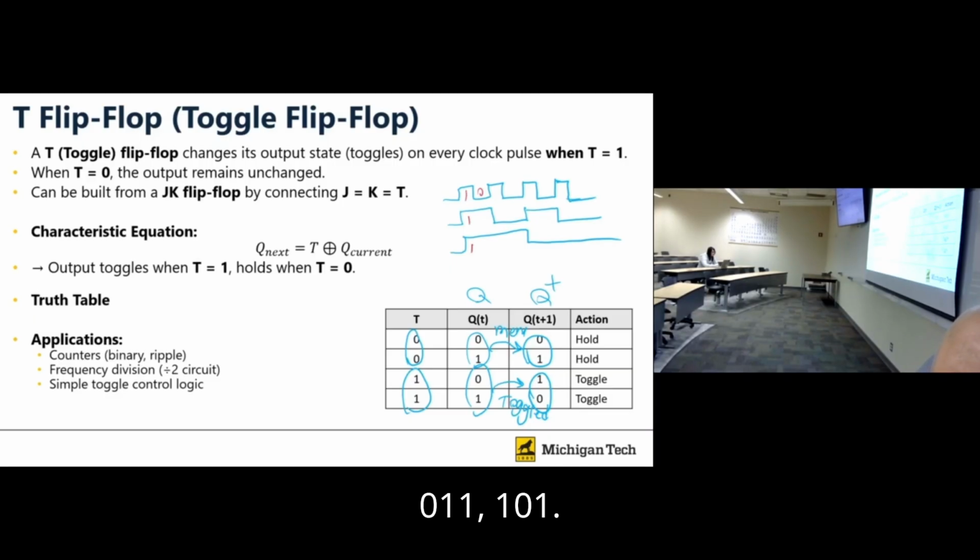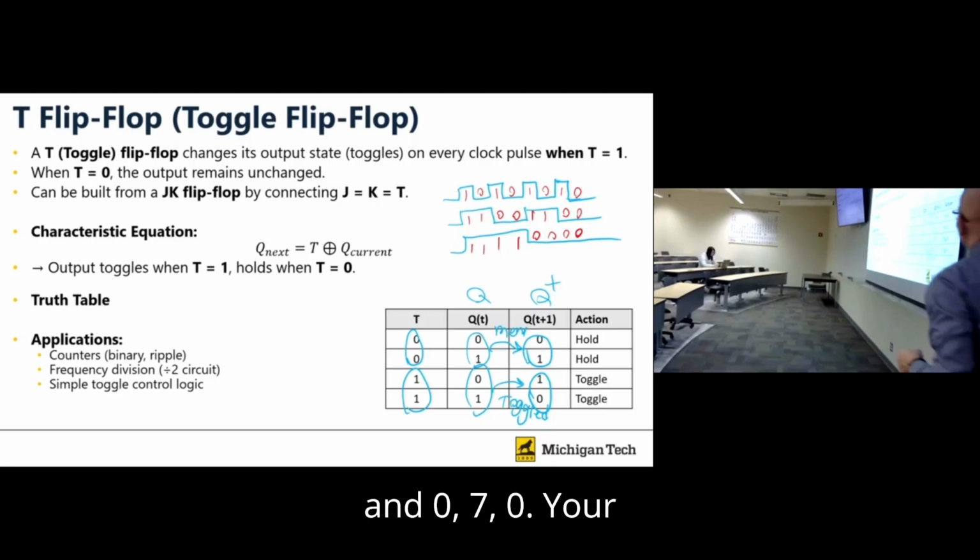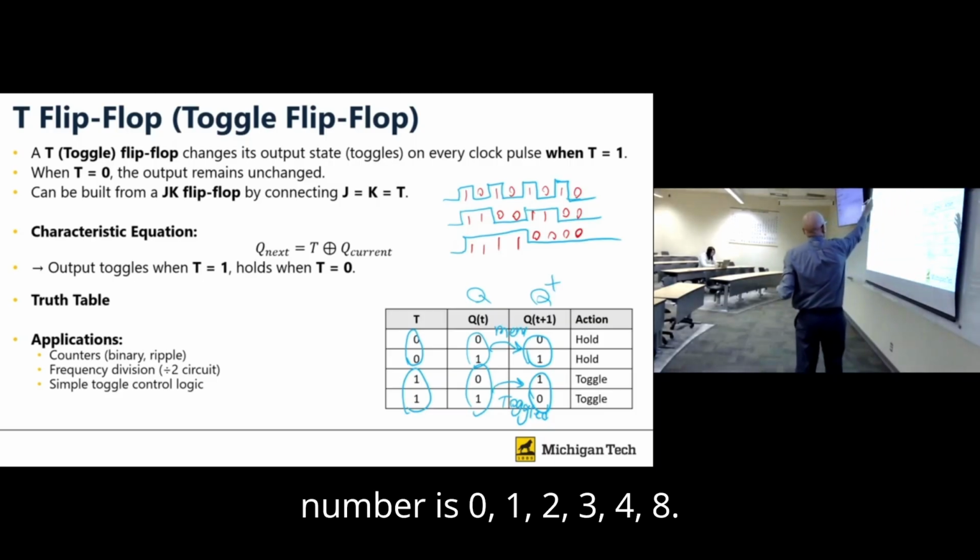This one is 0, 1, 1, and 1, 0, 1. Then 0, 0, 1. 1, 1, 0. 0, 1, 0. And 0, 0, 0. Your numbers 0, 1, 2, 3, 4.